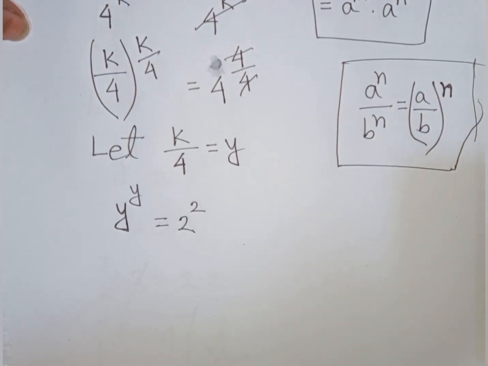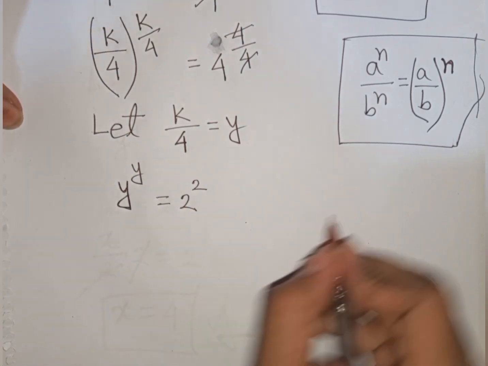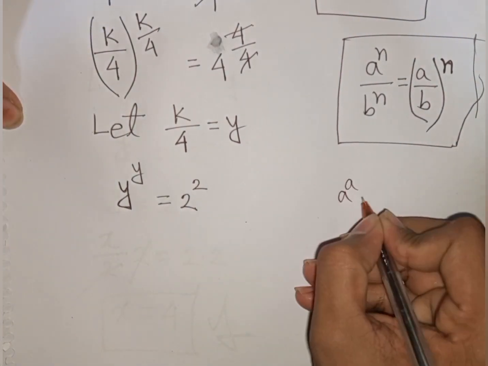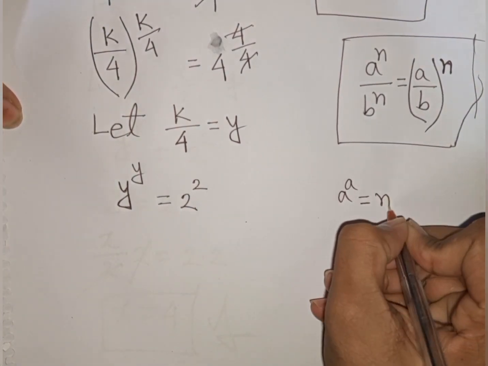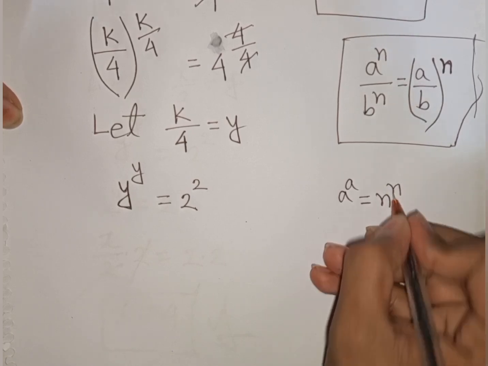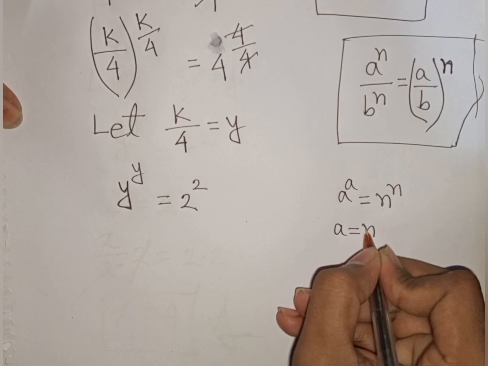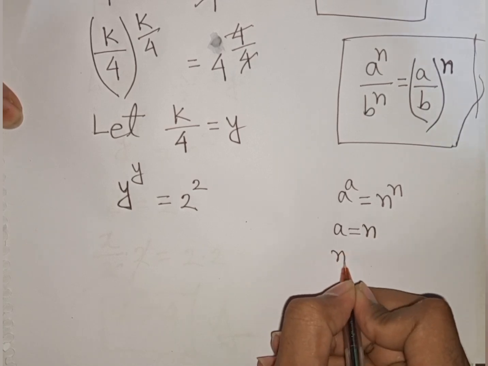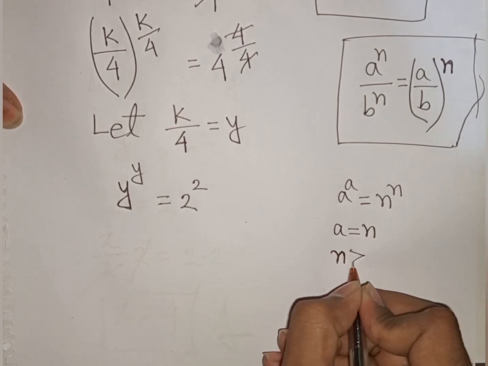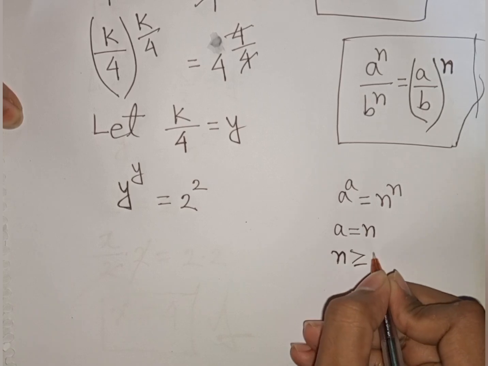Now here you can apply the rule that a power a is equal to n power n, so a will be equal to n, where n is greater than or equal to 1.